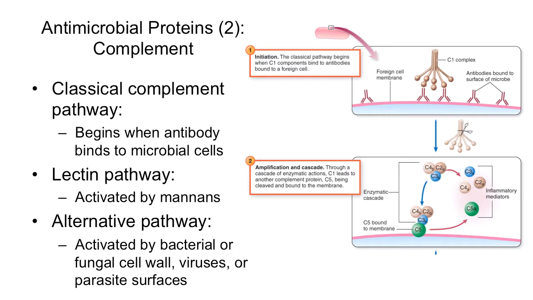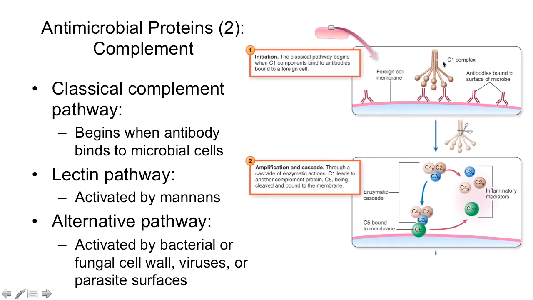And the alternative pathway is one in which the cell wall components of fungi, bacteria, viruses, and parasites trigger an immune response on the host to initiate it. In any case, all of them are going to start with an initiation.